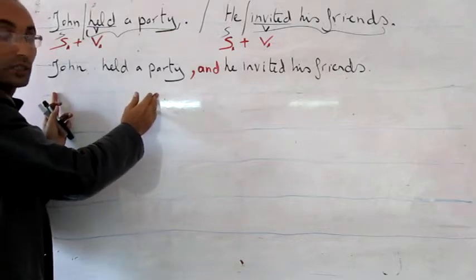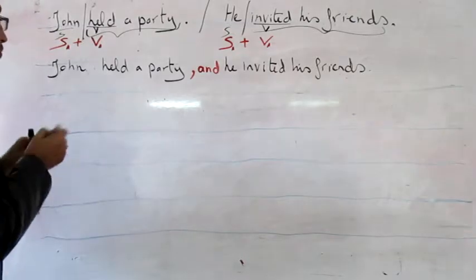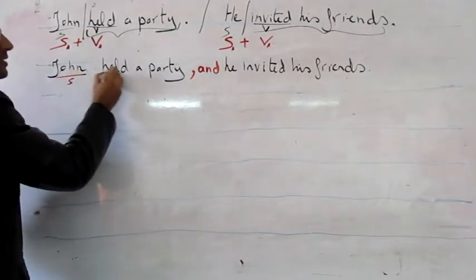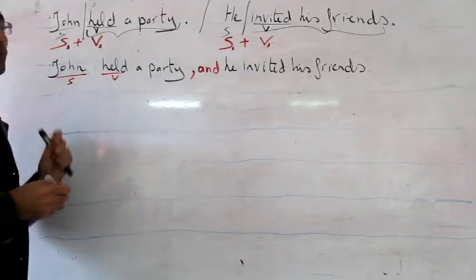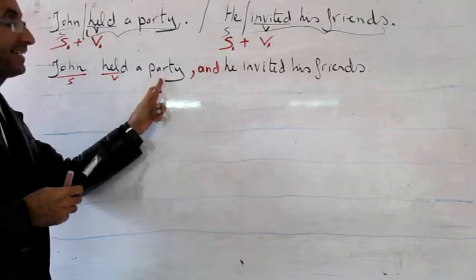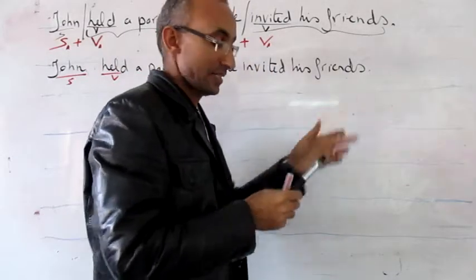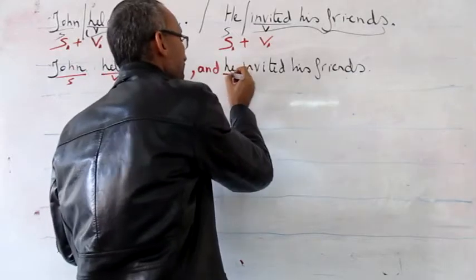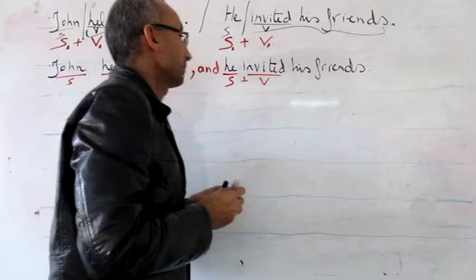A clause is a part of a sentence which contains the structure of S plus V. Clear? John had a party is my first clause, and he invited his friends is my second clause, because it contains also S plus V, subject and verb.